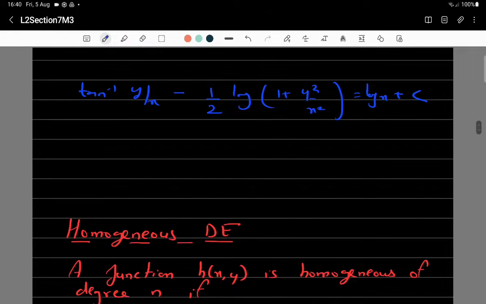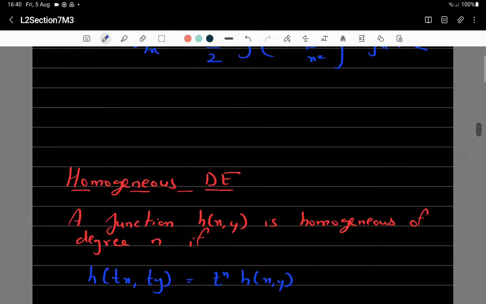To study it, we introduce the concept of homogeneous differential equation, or better to recall it as homogeneous first order differential equation. To understand it, first we need to know what a homogeneous function is. A function h(x, y) is homogeneous of degree n if h(tx, ty) can be written as tⁿ h(x, y).